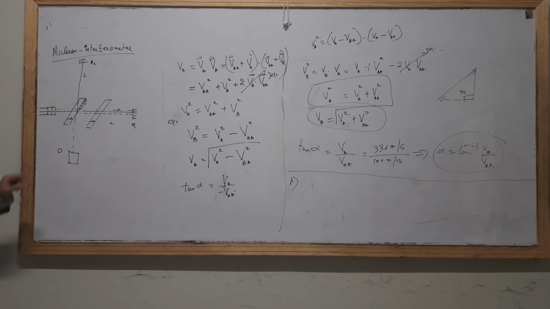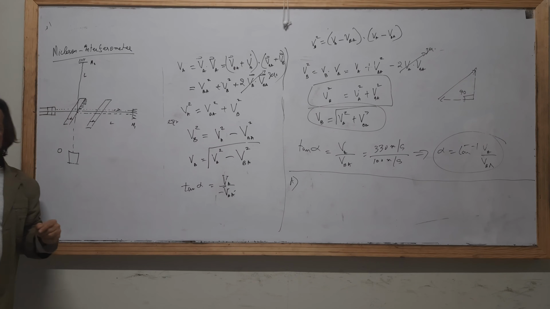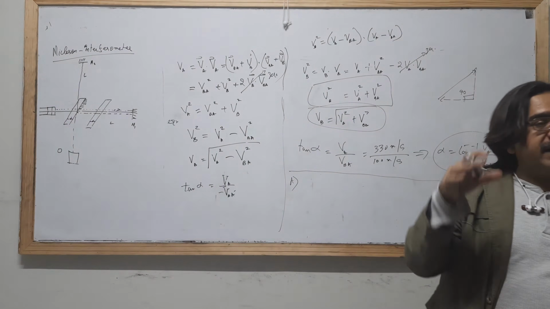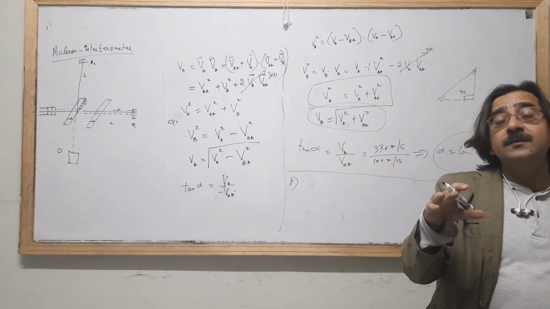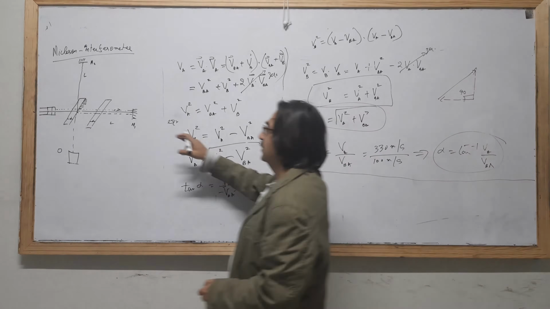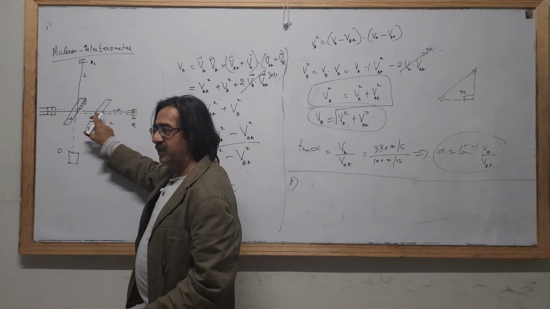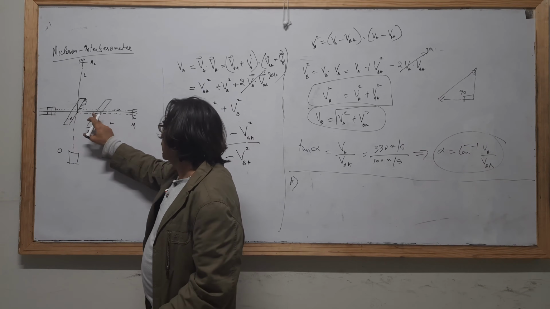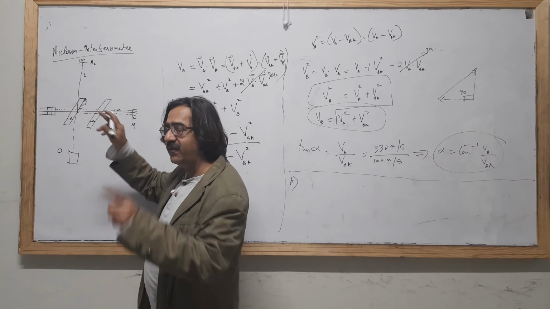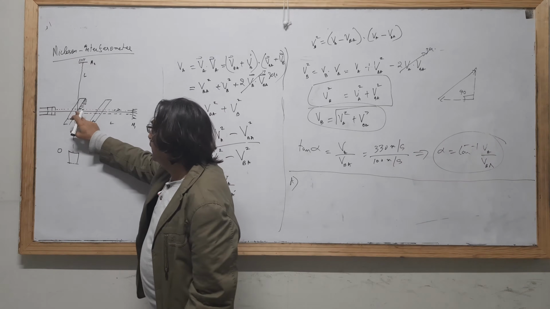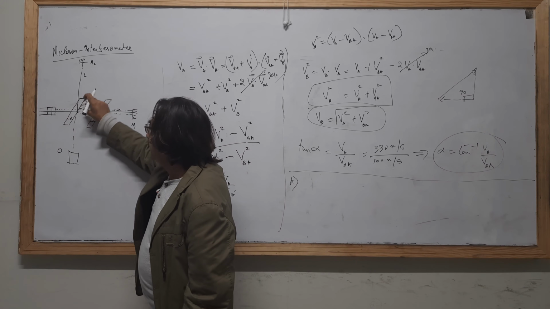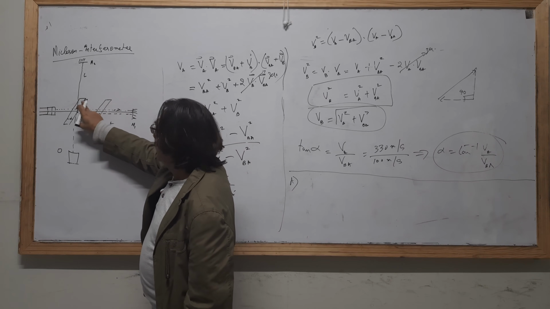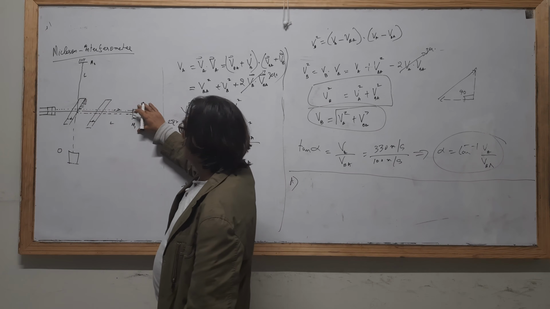When the medium changes, the frequency and the light will change. These two lenses have the same length. This is plain, these are parallel, this is half polished, and these are mirrors.